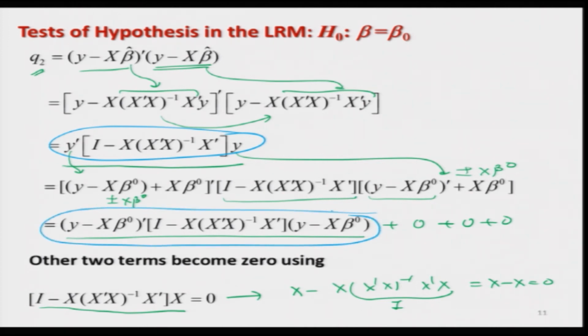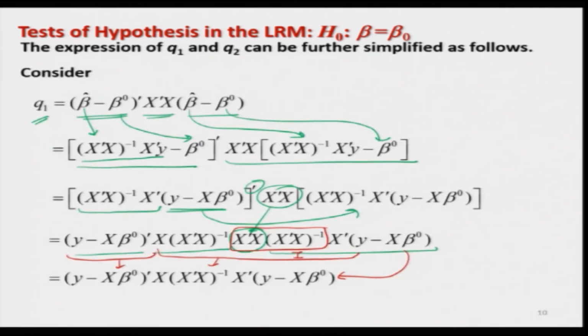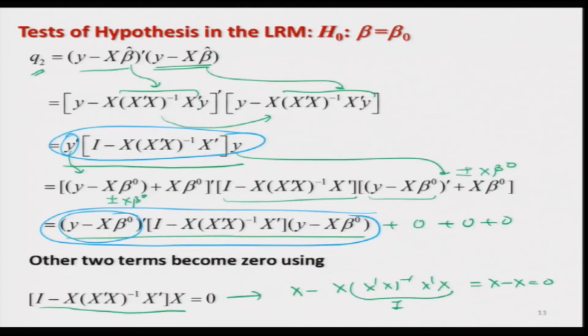You can see what is the difference between the two quadratic forms here. The variable here is y, and here the variable is y minus x beta naught. And you can see in the earlier expression of Q1, this is y minus x beta naught. This variable is being used, and I wanted to bring the random variables involved in the quadratic forms of Q1 and Q2 to be the same.